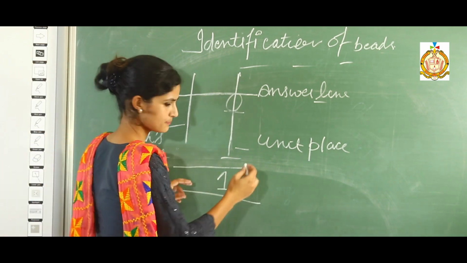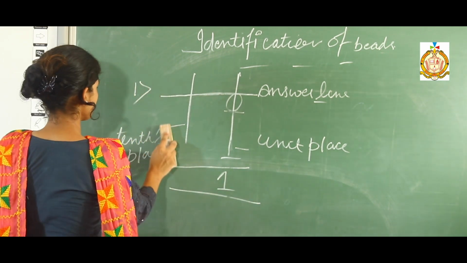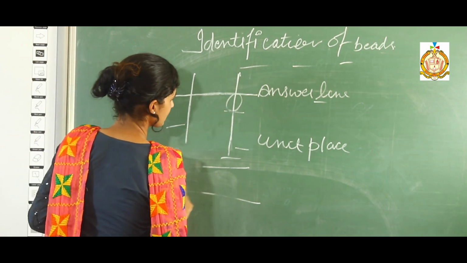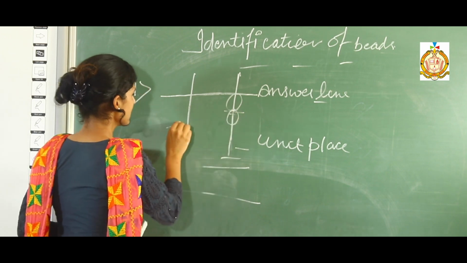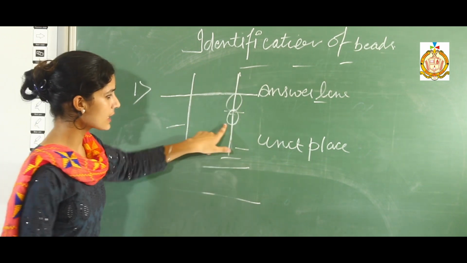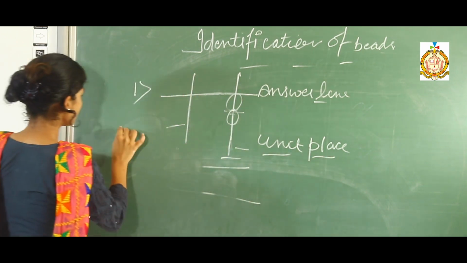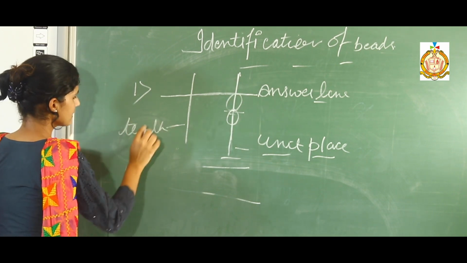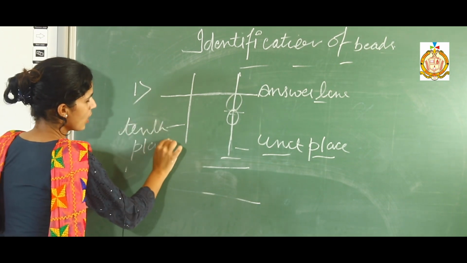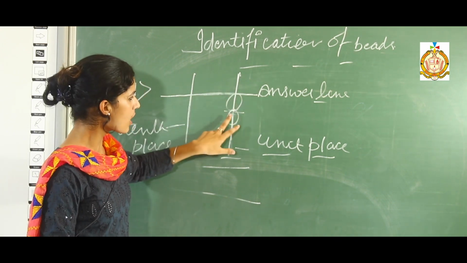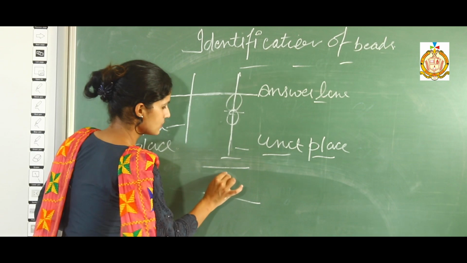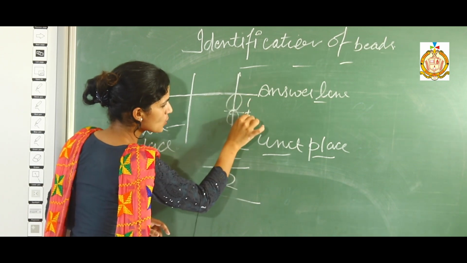Now your second sum. Same. This side indicates your unit place and this side indicates your tens place. Now how many beads? 2 beads touching the answer line. It means how much value is added? 2. 1 plus 1.